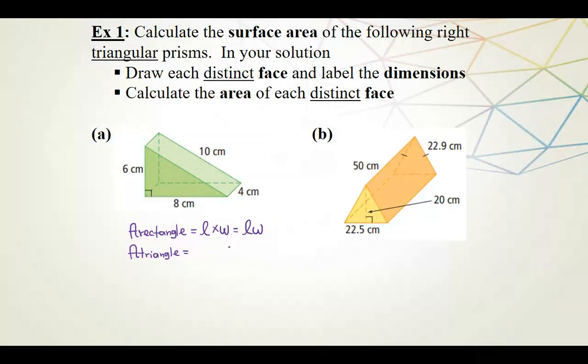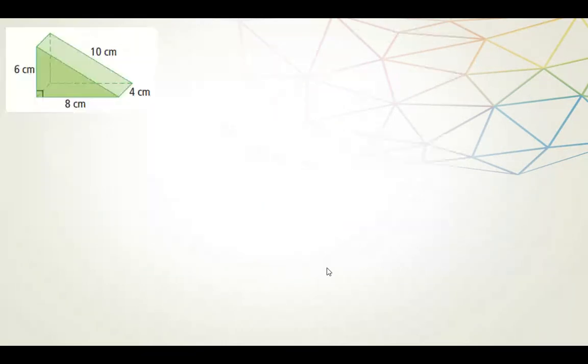The area of a triangle is just the area of a rectangle cut in half. So that's going to be length times width divided by 2. Or I can write it as length times width as a fraction, LW divided by 2. Okay, so we need to use both those pieces of information to solve these.